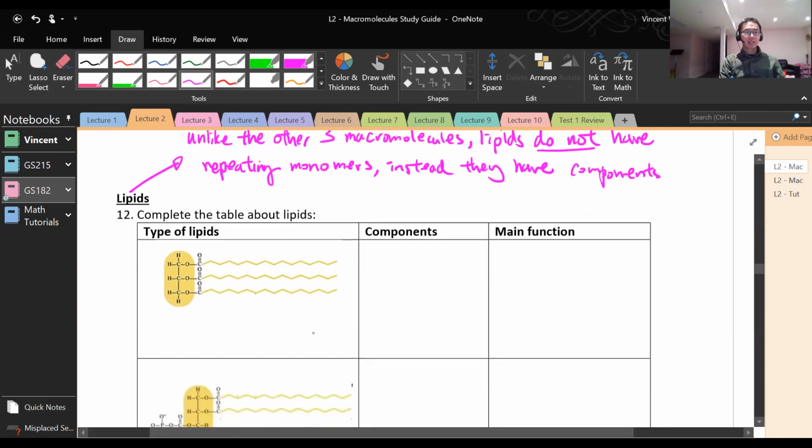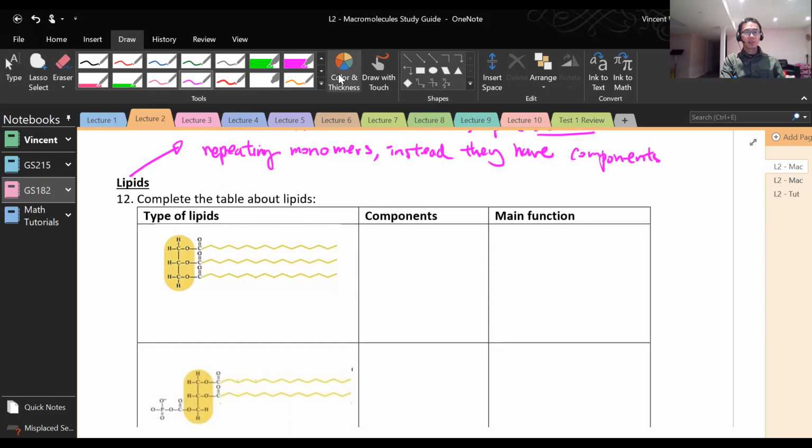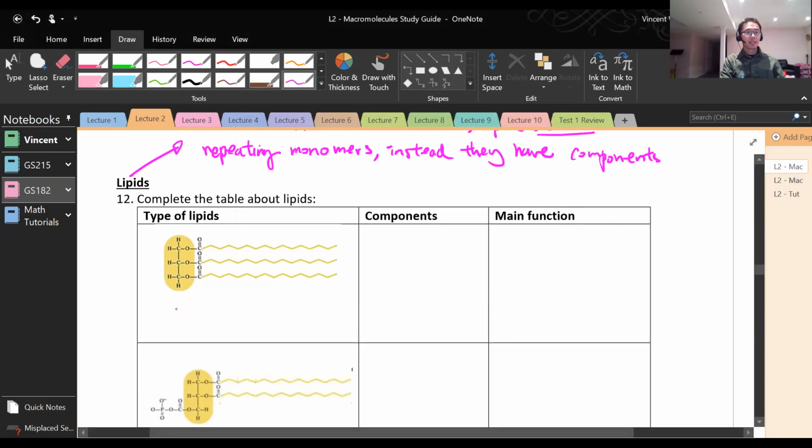So let's take a look at some of the common lipids. This is the first type of lipid. Can anybody identify what kind of molecule this is? Triglyceride, that's right.